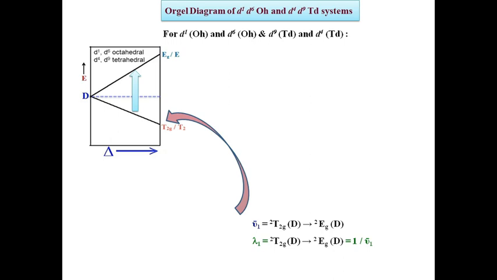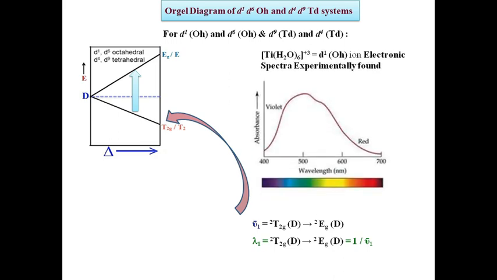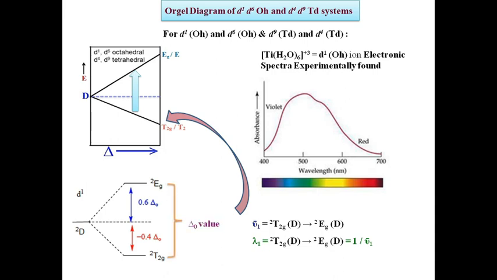Here an example of the electronic spectra of titanium hexaaqua 3+, a D1 system, is shown, which is found experimentally using a spectrophotometer. Again, the delta O value or delta T value can be calculated from the splitting of the 2D term as shown in the slide.